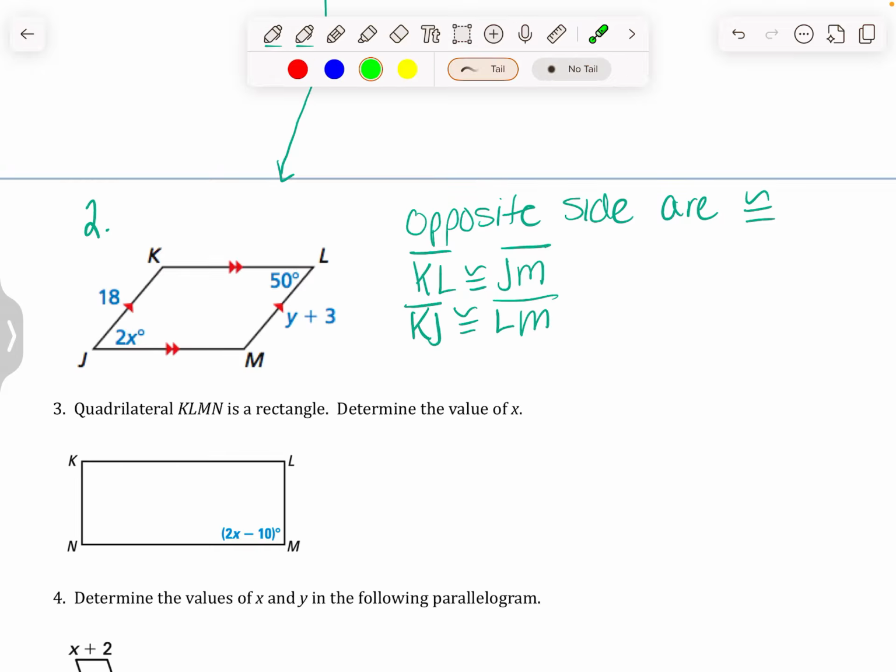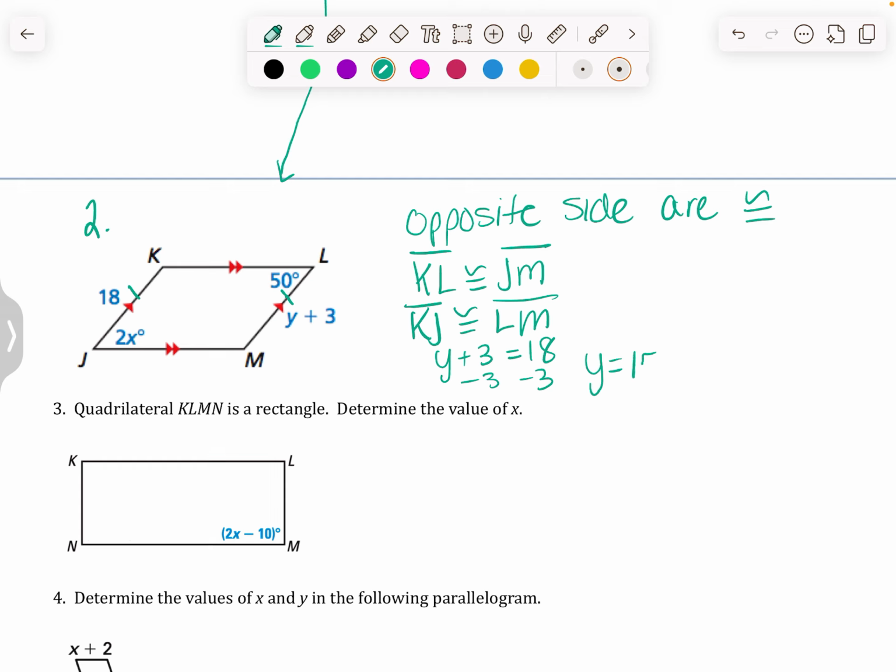And the second fact here is going to tell me that this side and this side have to be congruent. So I can do y plus 3 is going to equal 18. So solving for y, y is equal to 15. And in a parallelogram, opposite angles are also congruent.